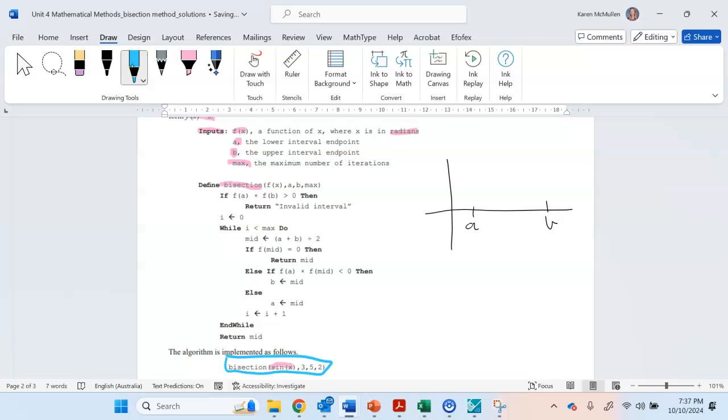We've got f of x is sine x, A is 3, and B is 5. And the number of iterations we're going to do is 2. So 2 iterations. We're going to run through this pseudocode twice, so we're going to basically apply the bisection method twice.